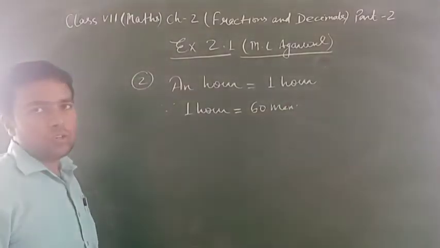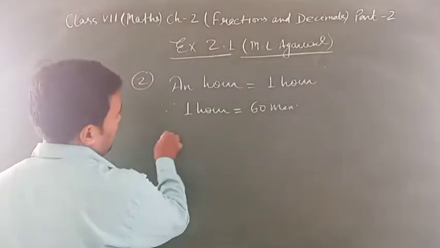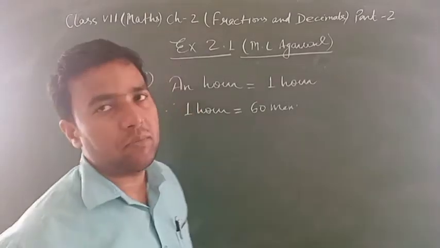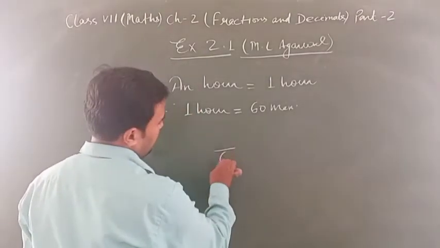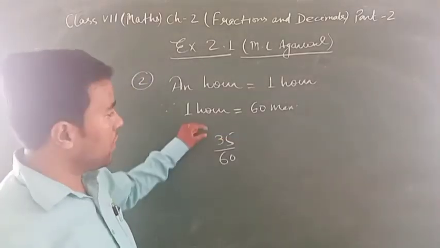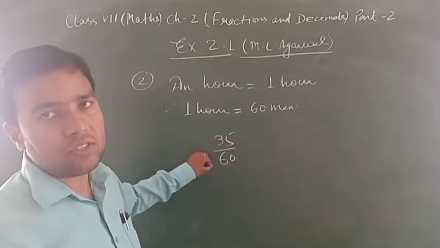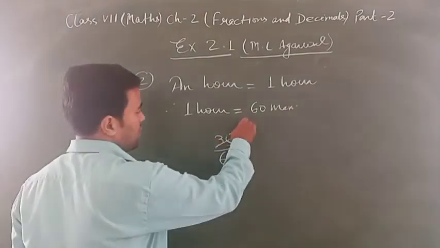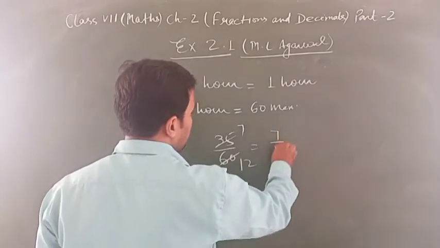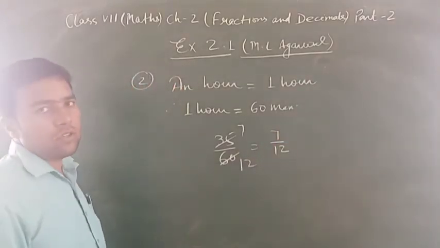Clear? Means I am asking what fraction of an hour is 35 minutes. Means in 60 minutes, 35. The 35 minutes is a part of 60 minutes. You can reduce this: 5 sevens are 35, so 7 by 12. 7 by 12 is the answer.